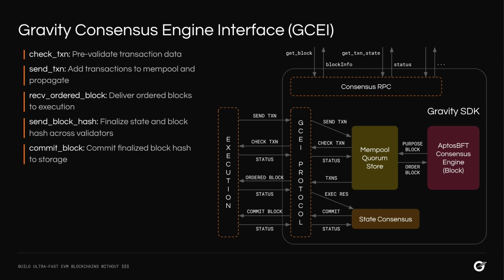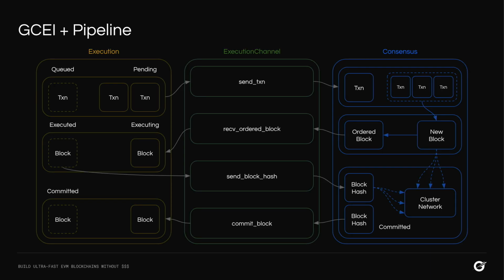Once consensus orders those transactions into a block, it sends this ordered block to the execution layer. After executing all these transactions, the execution layer sends back the block hash. Consensus then runs another round of finalization upon the block hash, which is also piggybacked on the Aptos consensus. Once it's finalized, we commit and persist the result.